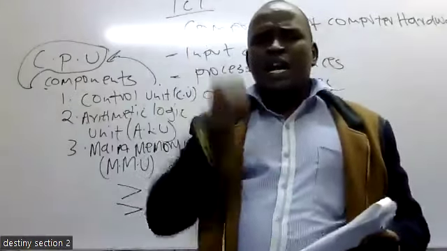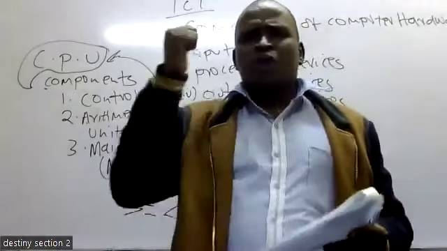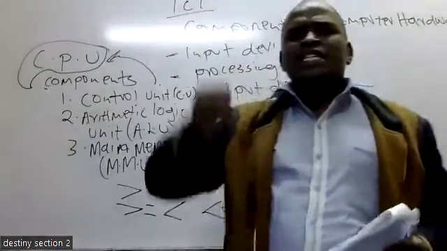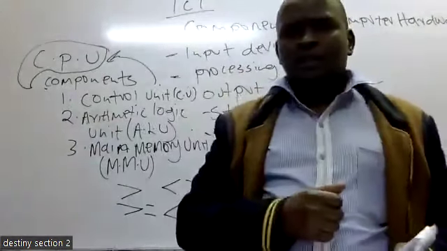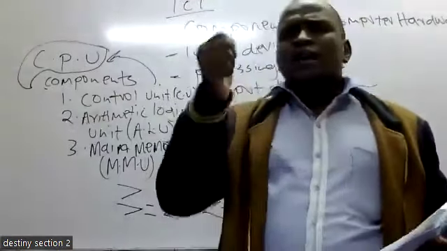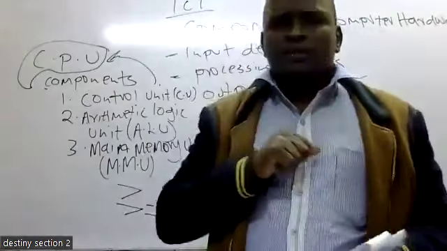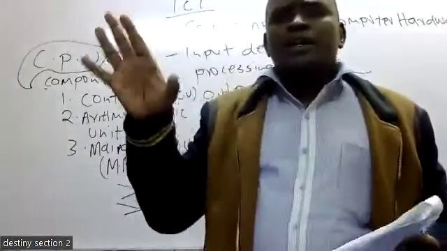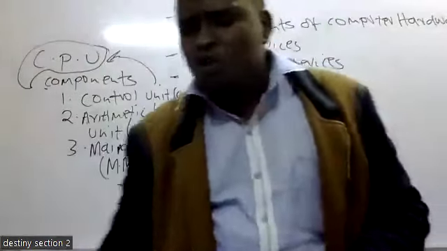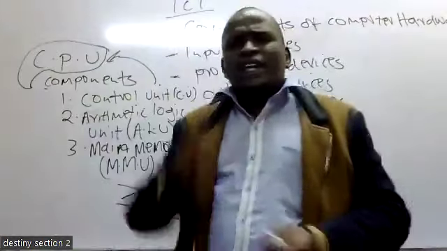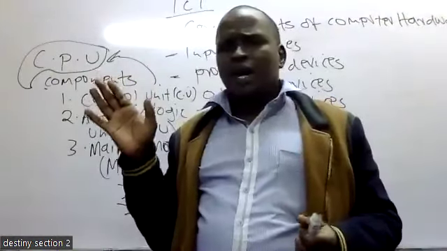Provided it is something related to the computer, and it is something you can touch, something you can feel, something you can see with your eyes, that is the hardware. So if you put cameras, you are right, provided it is something you can see and touch. Anything that is not touchable, not physical, is not hardware.